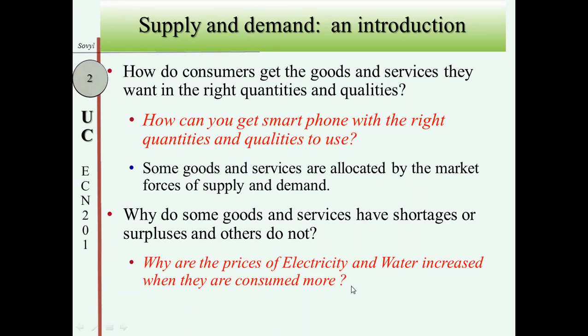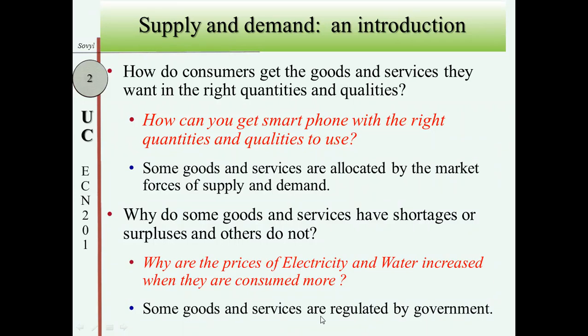If you look at your electricity or water bill every month, it may have three levels of quantity consumption. The first level has a lower price, the second level a little bit higher, and the third level higher still. Some goods and services are regulated or controlled by the government. For example, electricity and water are regulated by the government.